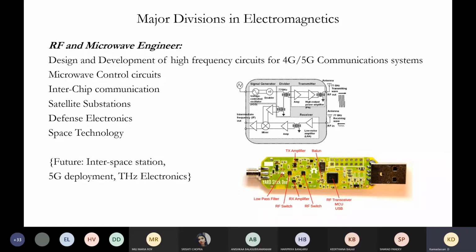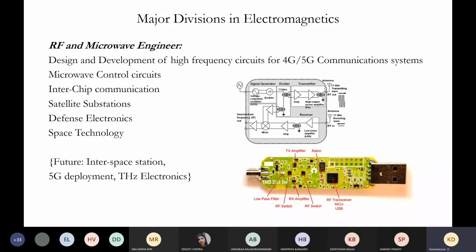RF and microengineering is nothing but the development of high frequency circuits for many applications like communication, microwave ovens, and microwave control units. Nowadays, remote controls are coming into the high frequencies, Bluetooth, then Wi-Fi, and in future you will be getting interchip communications, because at very high frequencies, these wires just behave like a lossy element.